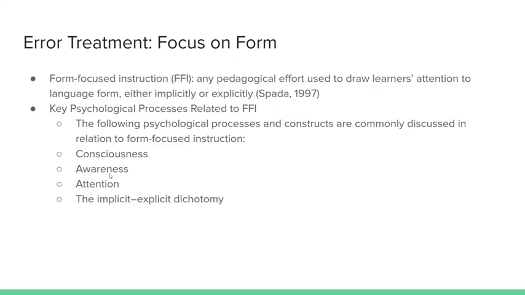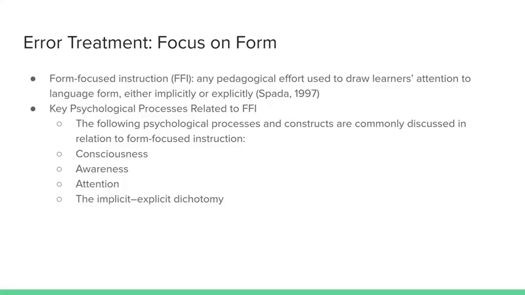So you have to have that consciousness. In addition to that, you need to be aware of the grammatical rules and the difference between the L1 and L2, for example. You have to have that awareness. Similar to that is attention, where you need to pay focused attention on learning. If you're not really attending to what's being said, you're going to leave the classroom without anything in your mind.